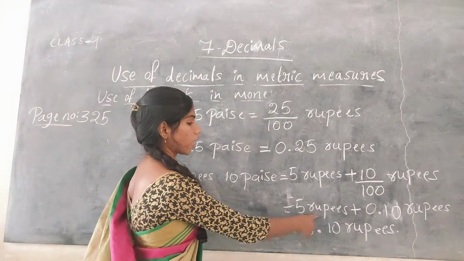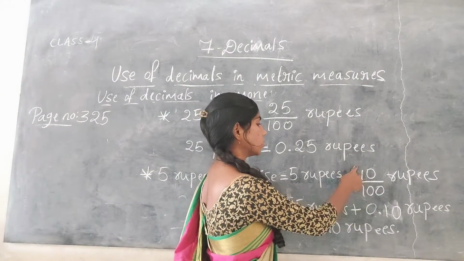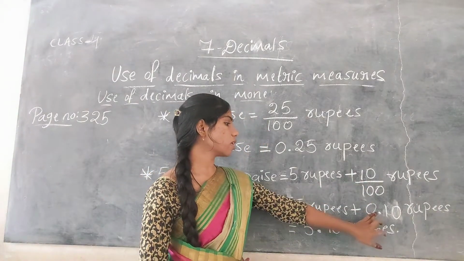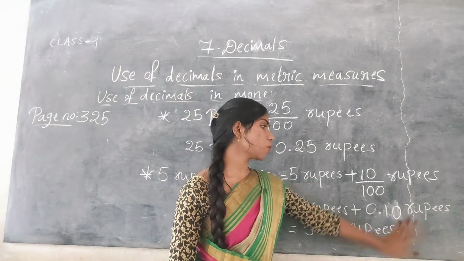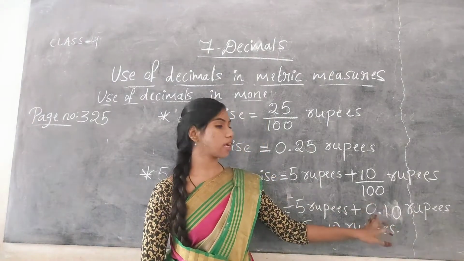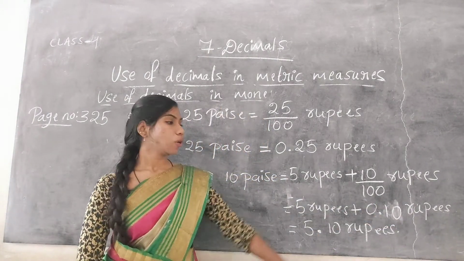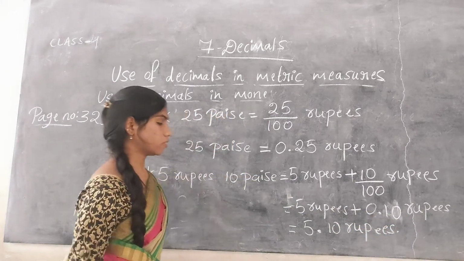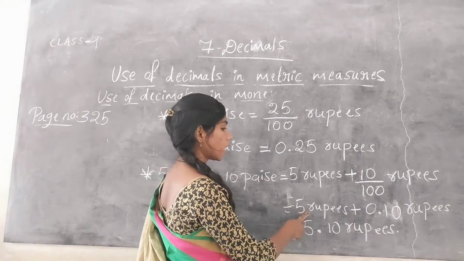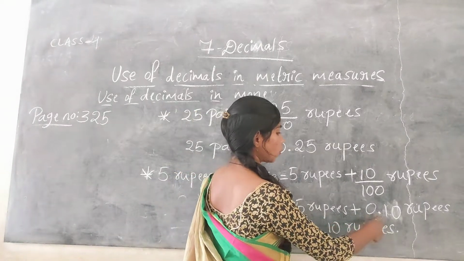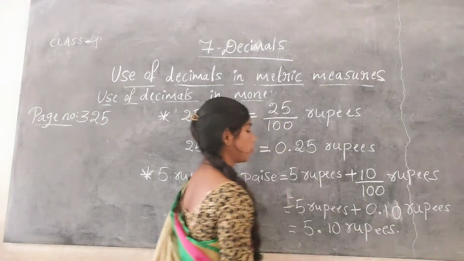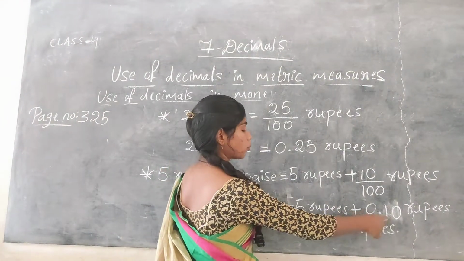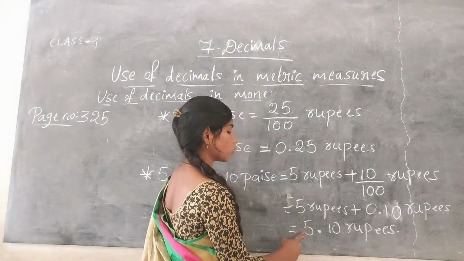So 5 rupees plus this 10 hundredth rupees, in decimal fraction we can write as 0.10 rupees. So add 5 rupees and 0.10 rupees.